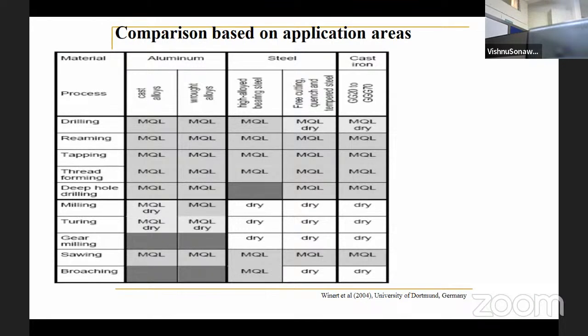When we go to the workpiece material, suppose aluminum or steel or cast iron. In aluminum, that is the cast aluminum alloys, or the wrought aluminum alloys, or the high-speed alloys, or the bearing steel, then free cutting steel material, then quench and tempered steel material, and the gray cast iron material.